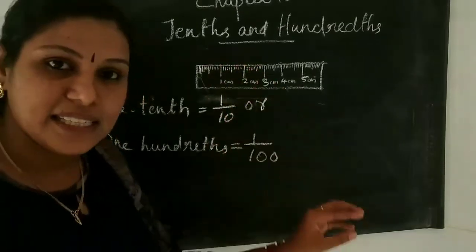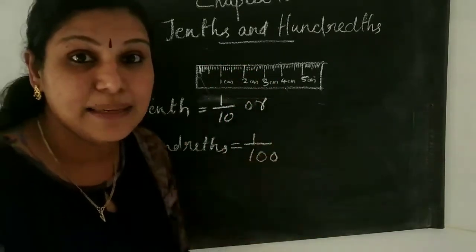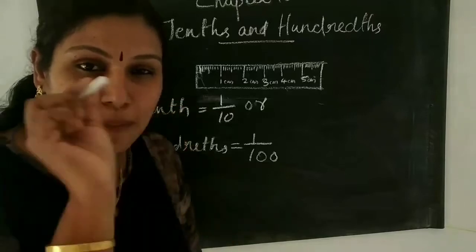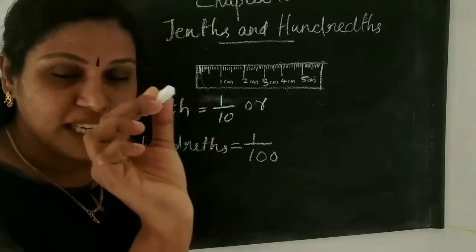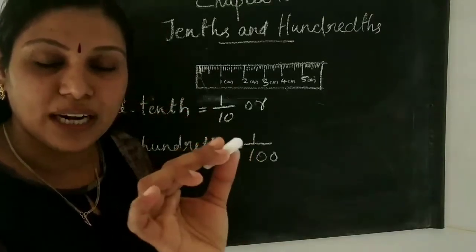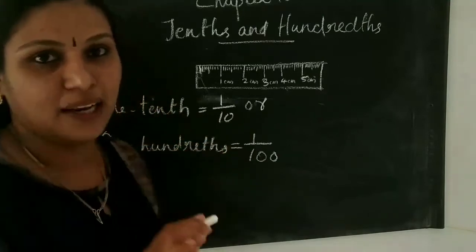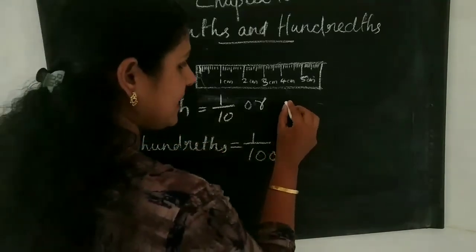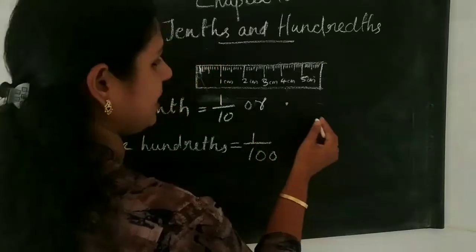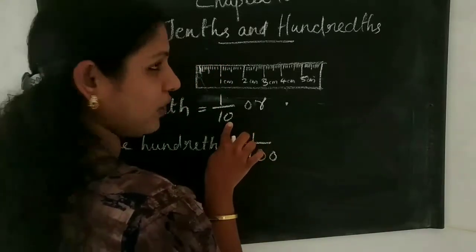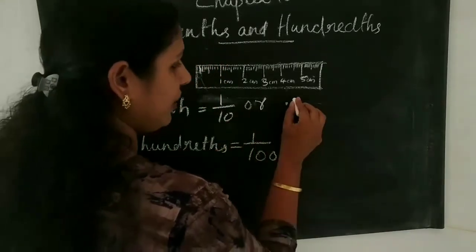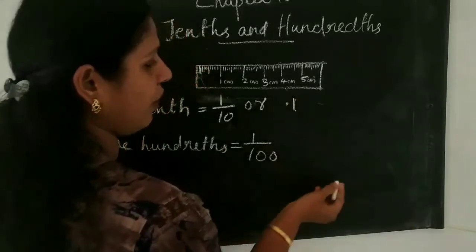This fraction we can write in a decimal form. Decimal means there is a point, a dot here. That dot is called a point or decimal point. So we can write 1/10 as 0.1.